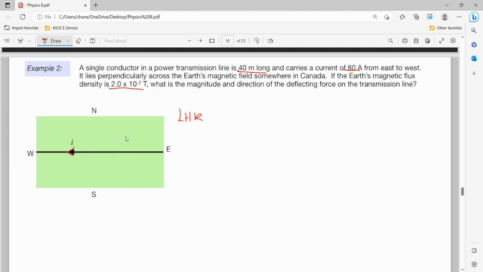So we're going to point our left hand in the direction of our current. And we want to find the direction of our magnetic field. So the magnetic field points from north to south, but they are going to point this way because this is geographic north and not magnetic north.